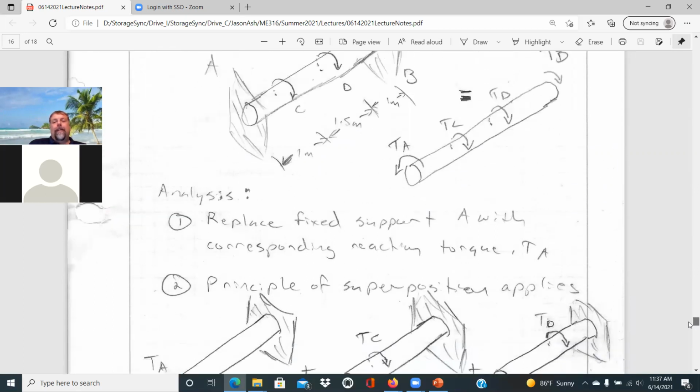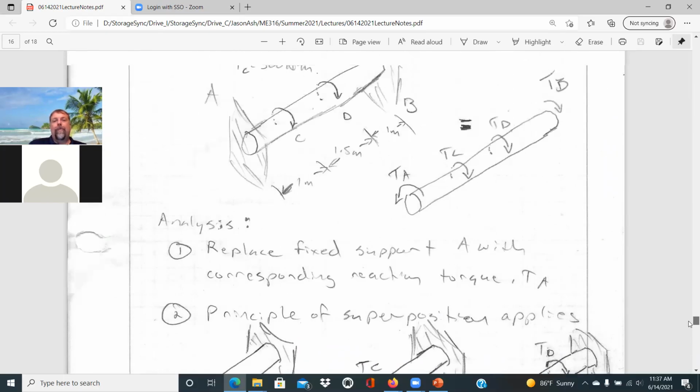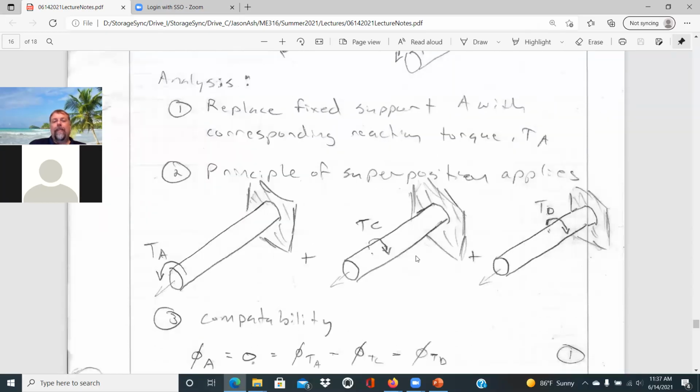And so for the principle of superposition then, what we're really doing is just looking at that as a fixed boundary at T sub B, and then looking at each one of these loads separately. We'd have the torque at A applied. That would act over the entire length of the shaft. We'd have torque of C applied.